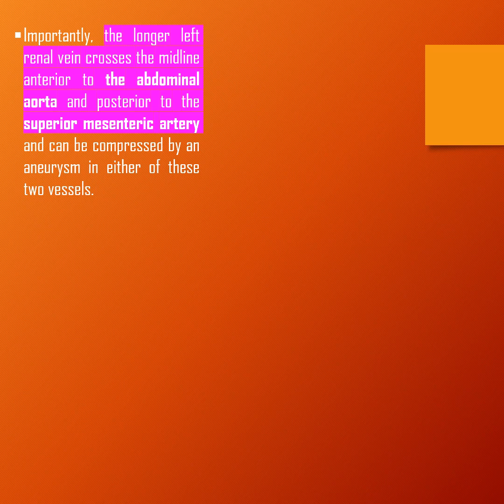Importantly, the longer left renal vein crosses the midline anterior to the abdominal aorta and posterior to the superior mesenteric artery, and can be compressed by an aneurysm in either of these two vessels.